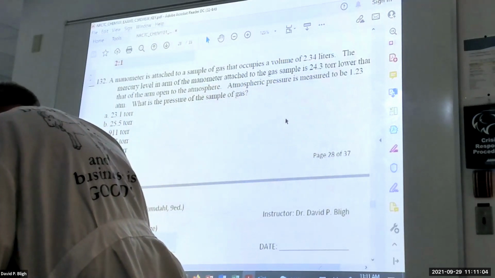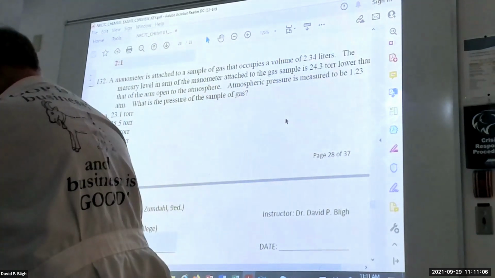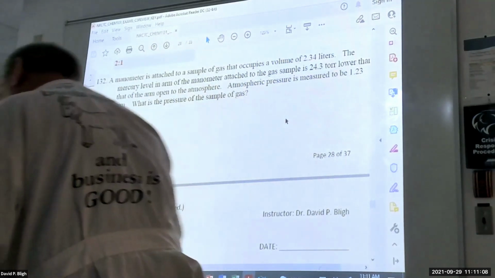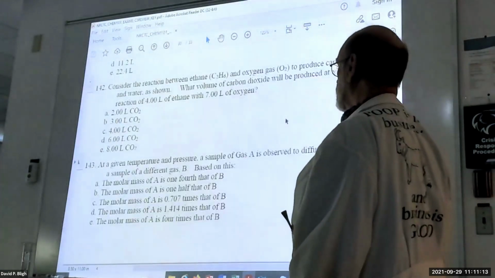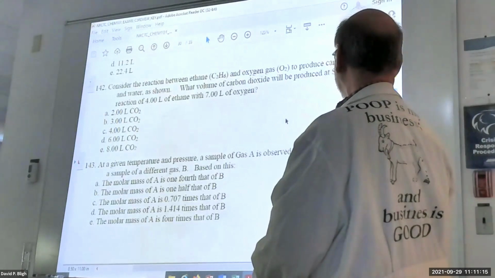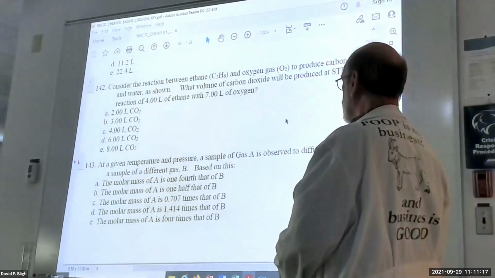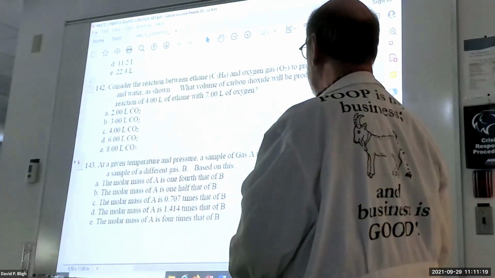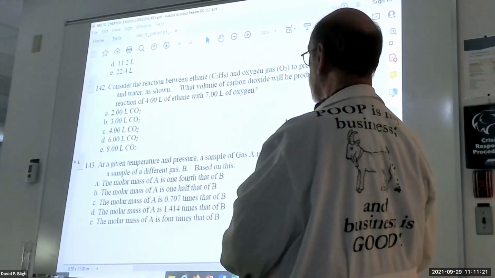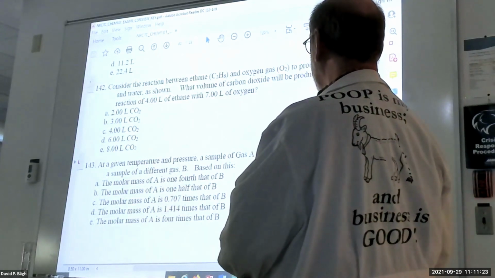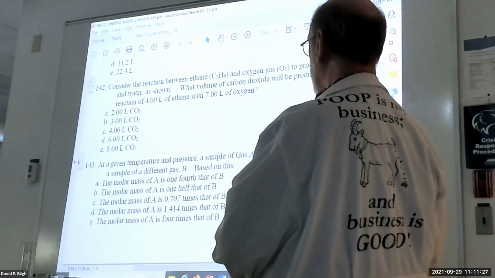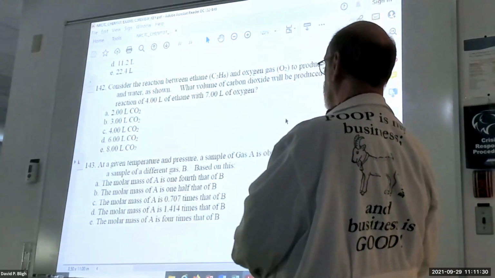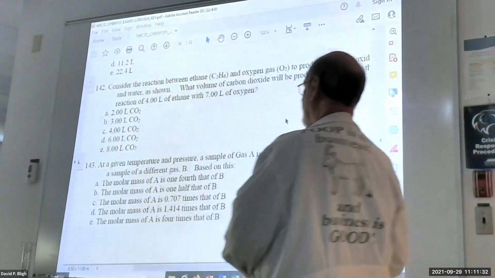Let's see, one more. 142. Oops, too far. There we go. Okay, consider the reaction between ethane, C2H6, and oxygen gas to produce carbon dioxide and water. What volume of carbon dioxide will be produced at standard temperature and pressure from the reaction of 4 liters of ethane and 7 liters of oxygen?